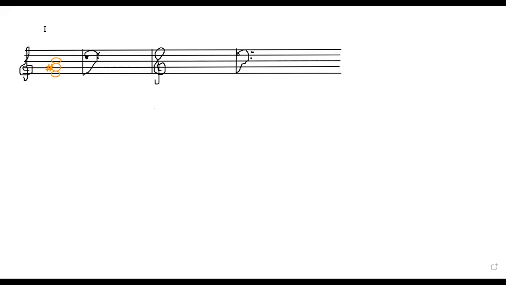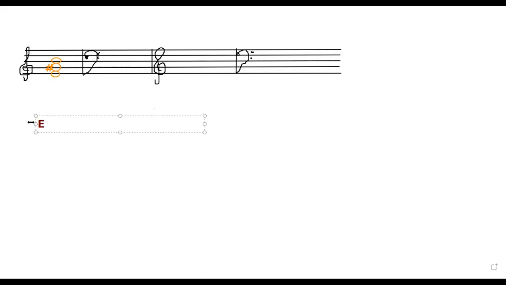They say this is a tonic triad. What key is it? Well, we look and we can see that it is in treble clef, and it begins with an E. So we know that it's going to be using a scale that starts with E.